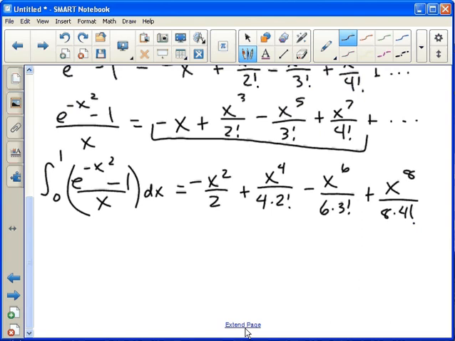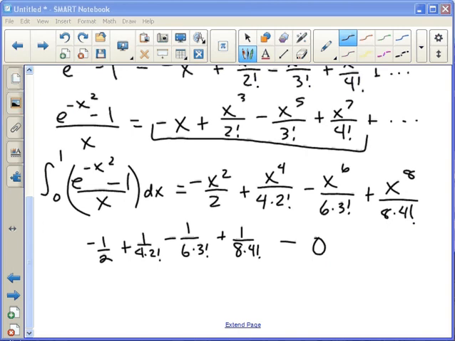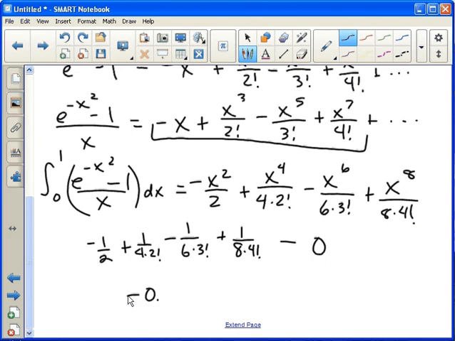So negative 1/2 plus 1 over 4 times 2 factorial minus 1 over 6 times 3 factorial plus 1 over 8 times 4 factorial minus, well, if I plug in 0, this all just becomes 0, so it's no big deal. So I just need to add the negative 1/2 and the rest of those terms together. Adding all those gives us negative 0.39576. We'll just round to that spot.